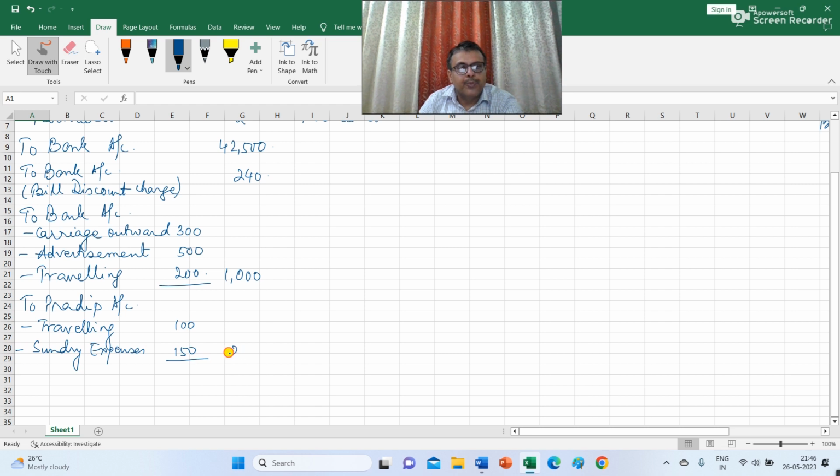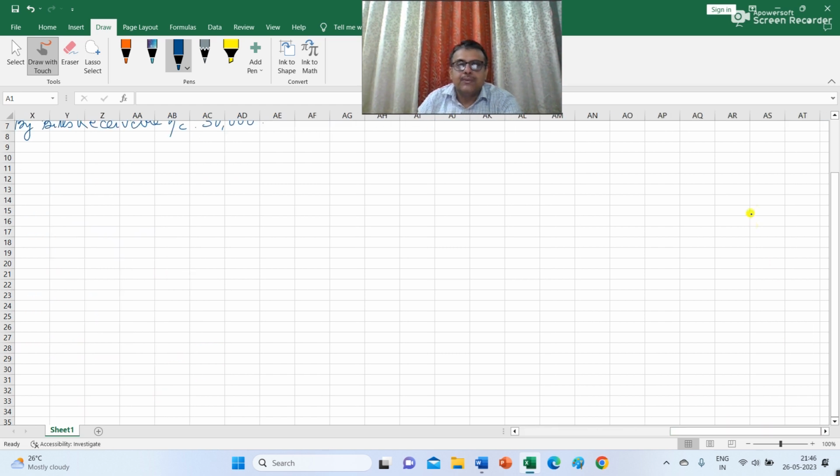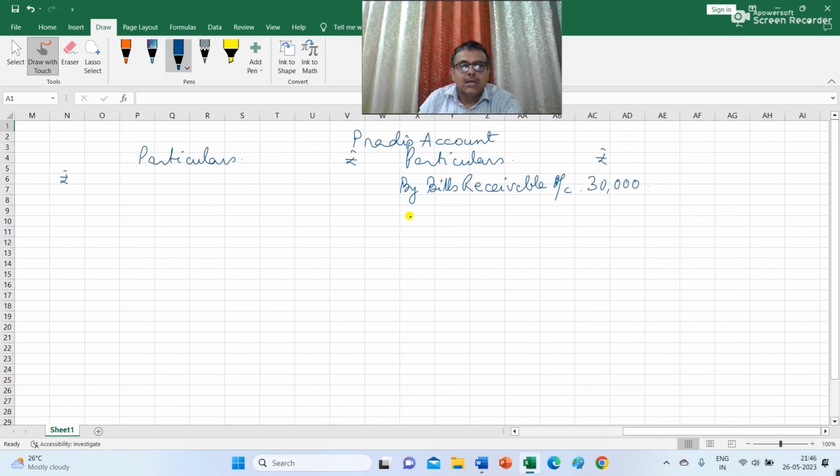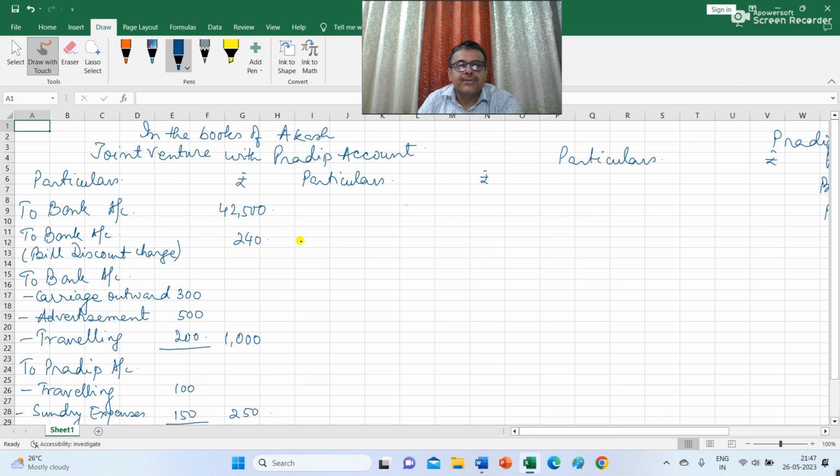So the total amount paid is rupees 250. Now in the ledger of Pradeep, I have to write here as by joint venture account, 250.